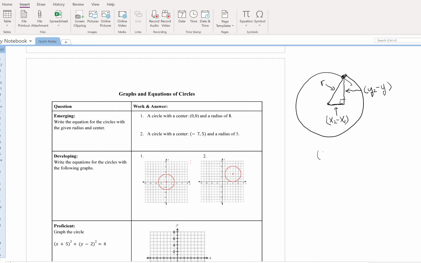So the general form is x sub 2 minus x sub 1, the difference in the x's, squared, plus the difference in the y's squared, is equal to the radius, which is the hypotenuse of that triangle, squared. And that can determine any point along that circle.